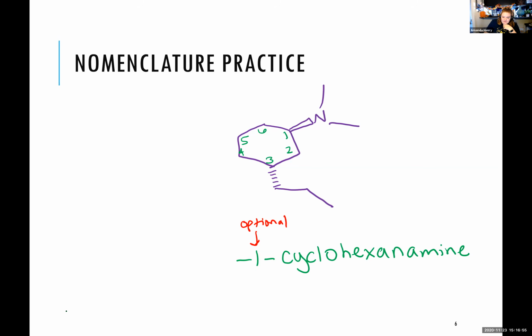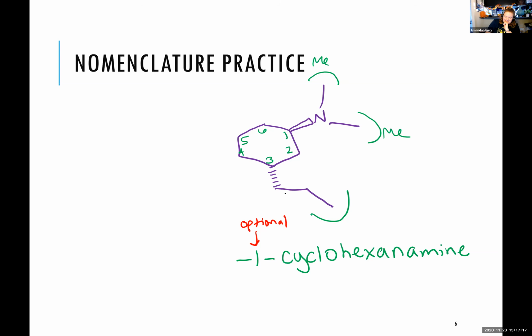I have 3 substituents then. We have 1, 2, and 3. What's going to come first alphabetically? The ethyl group. I don't think we have an ethyl group. We have methyl.